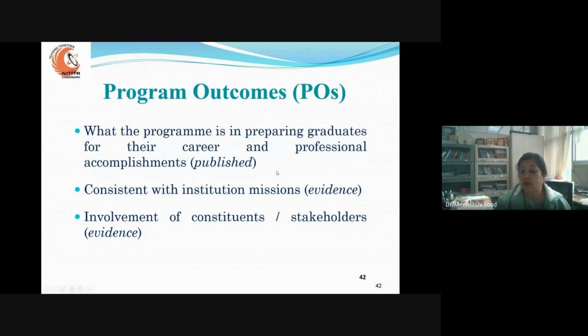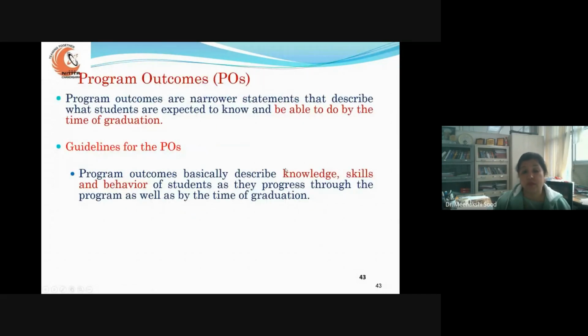Then we have the program outcomes. I hope that now everybody knows about the program outcomes. Earlier it was like guidelines, or every department had its own program outcomes. But now, because India is a signatory of the WTO, and the graduate attributes are given by ABET and WTO, they are basically the POs, right?